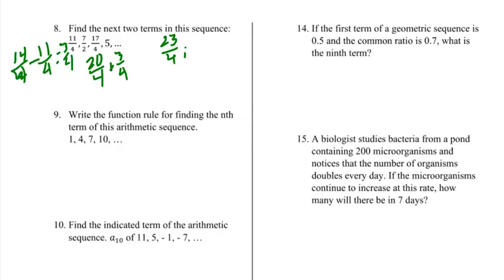And 26/4, I can reduce that, so you should always reduce it, would give us 13/2. If I take 26/4 and add 3/4 to it, that's 29/4. I only had to do the next two terms, so the next two terms would be 23/4 and 13/2.